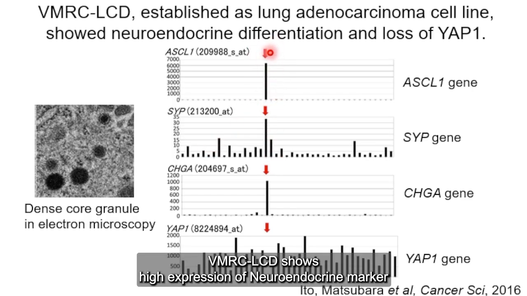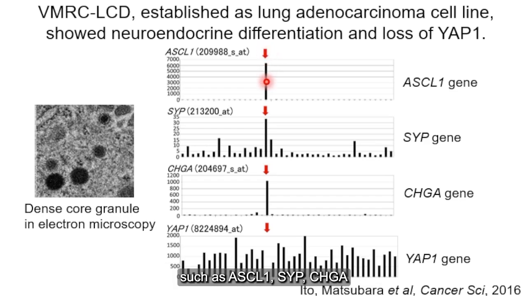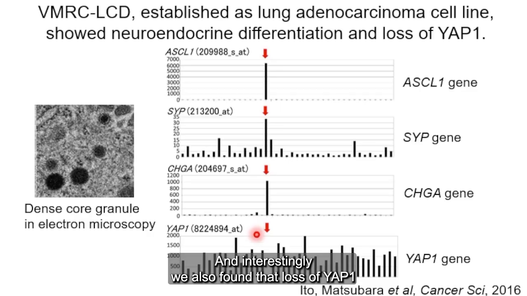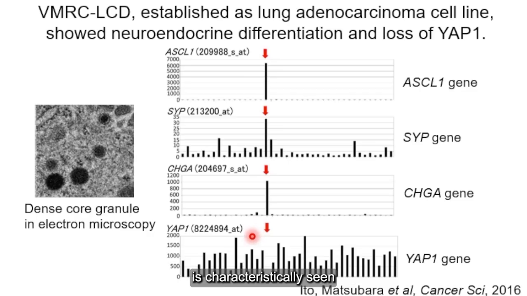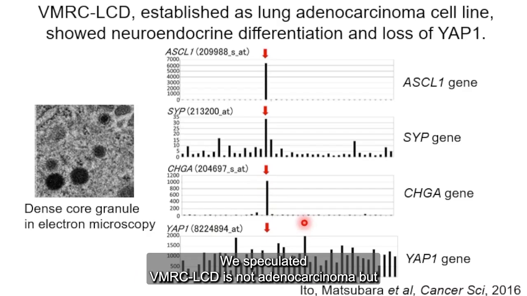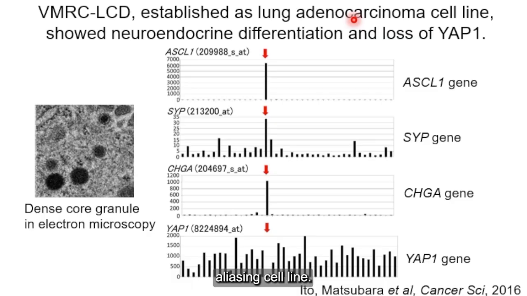VMRC-LCD showed high expression of neuroendocrine markers such as ASCL1, synaptophysin, and chromogranin A. Red arrows indicate VMRC-LCD, and interestingly, we also found that loss of YAP1 was characteristically seen only in VMRC-LCD among 40 cell lines. We speculate VMRC-LCD is not adenocarcinoma, but an LCNEC cell line.